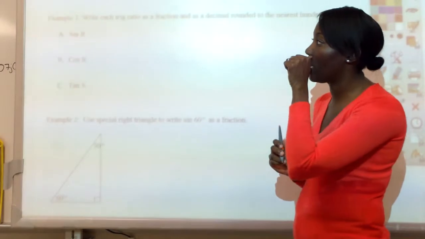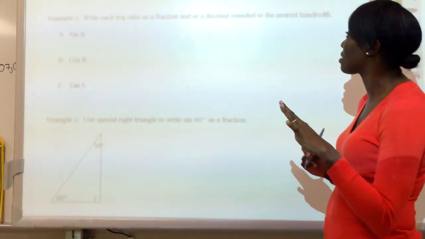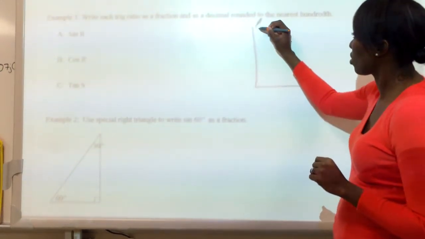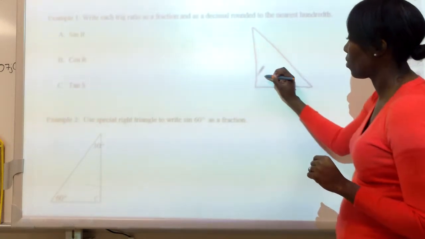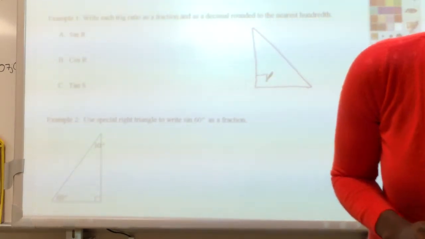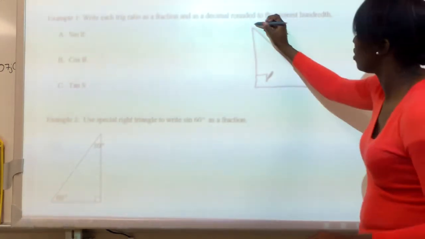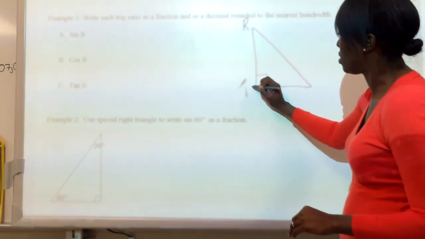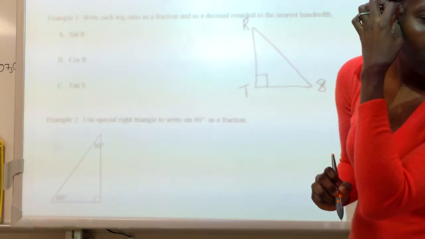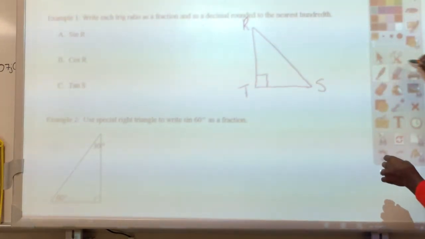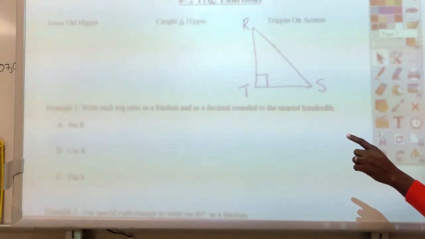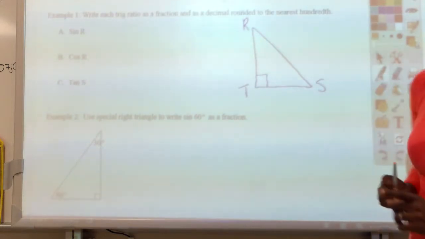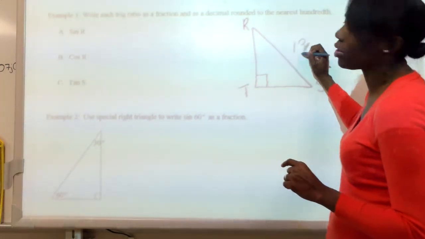Example 1 says, write each trig ratio as a fraction and as a decimal rounded to the nearest hundredth. So when we look at the figure, we have a triangle. This is R. This is T, and this is S. This is 13.